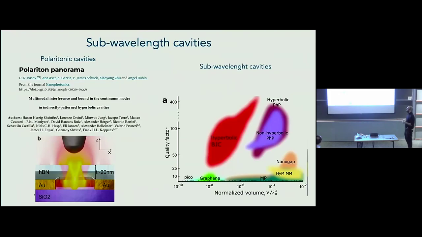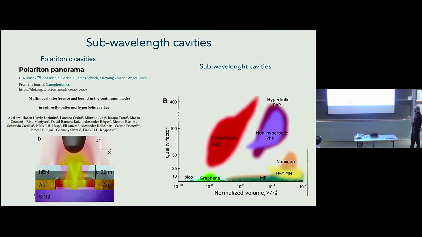There are polaritonic cavities, plasmonic cavities, etc. And you can see that we can go even to 10 to the minus 8, 10 to the minus 10 mode volume, while, generally speaking, you have a low quality factor.